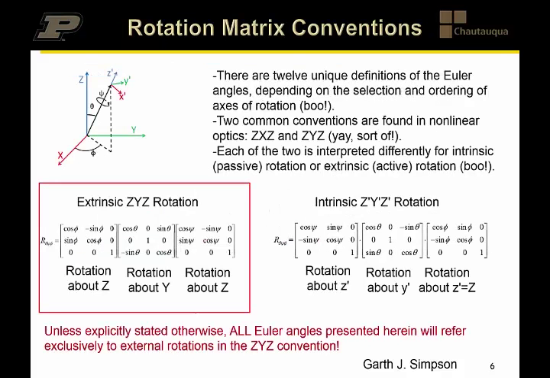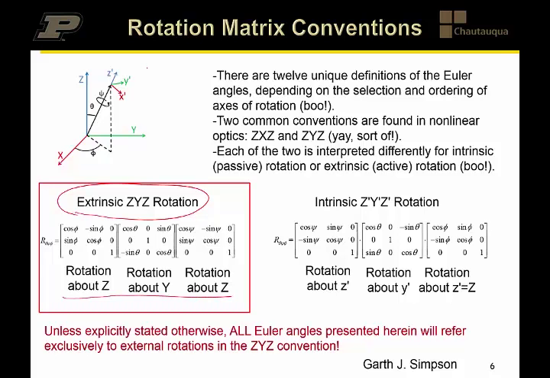And there are unfortunately several different conventions for doing coordinate system rotation, depending on how you're approaching a problem and what area of physics or chemistry you're working in. We will be doing everything using a ZYZ extrinsic rotation, which is given by this set of operations for describing the rotation.